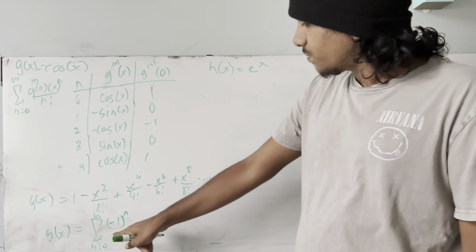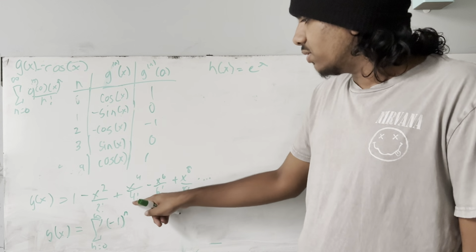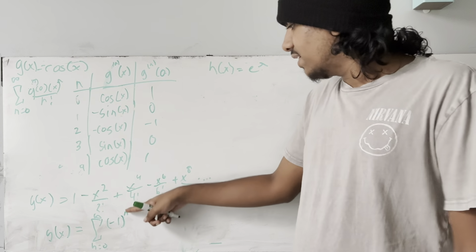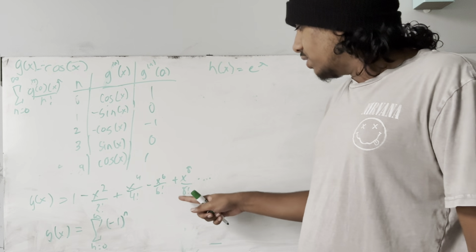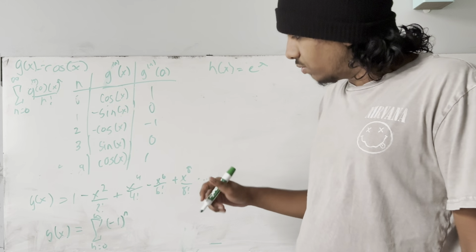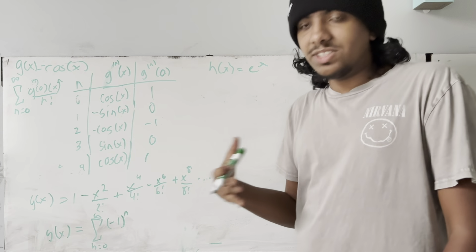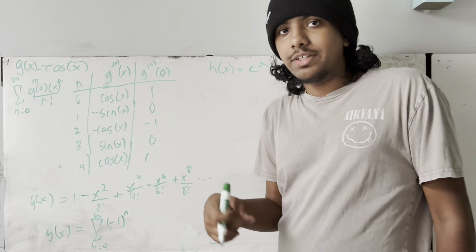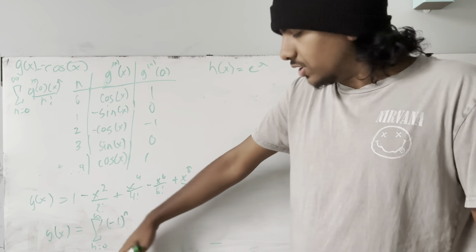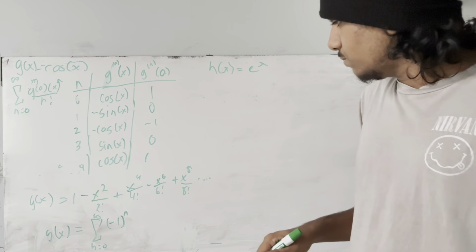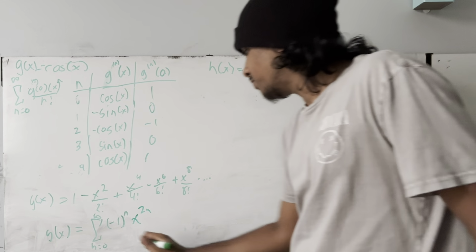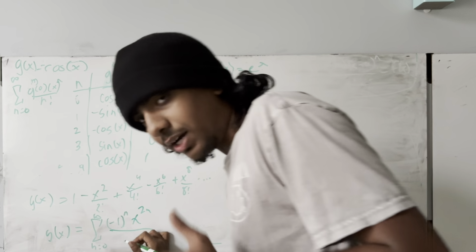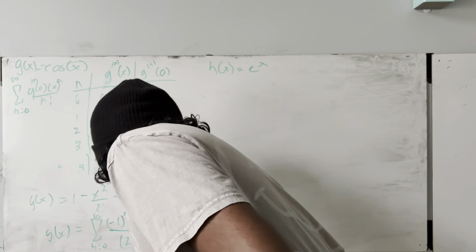If n is 1, negative 1 to the 1 is negative 1. 2 is 1. 3 is negative 1. 4 is 1. So that's how we represent alternating, by raising negative 1 to the nth power when your n is going from 0 to infinity. Then we have x to the 2n, because we're only doing evens, divided by 2n factorial.